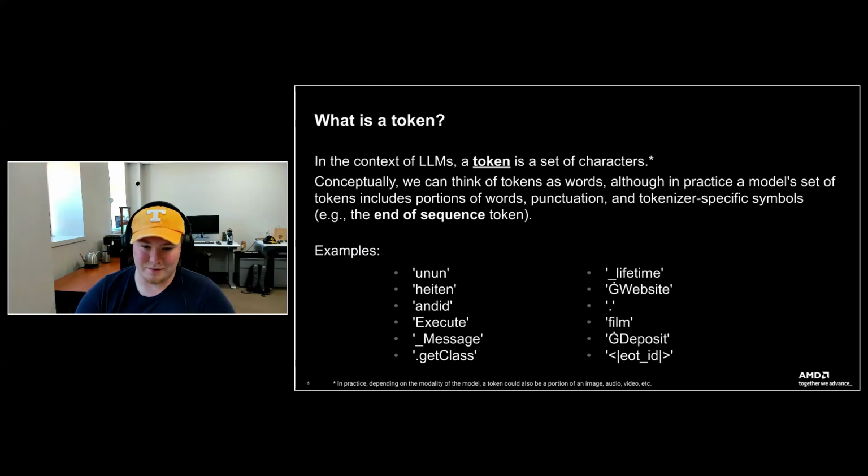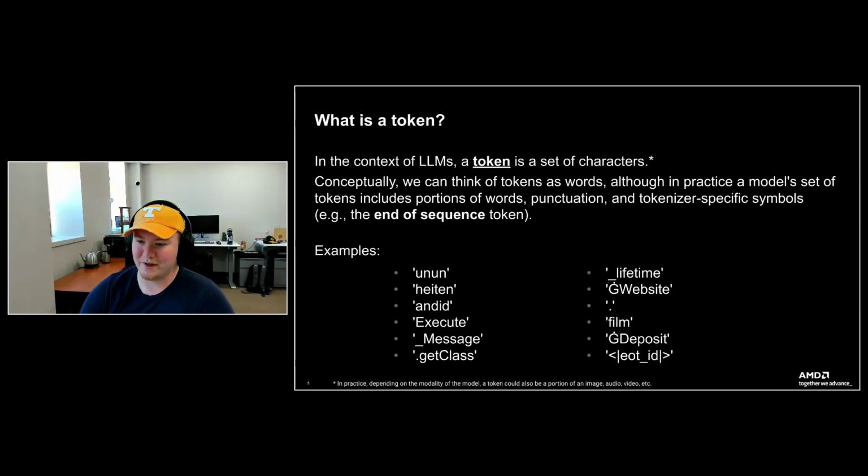There are also some words that are definitely not in the English language, such as the three in the top left here. These could possibly be from another language. Llama3 is multilingual, so perhaps that's where they're from. I honestly don't know. And of course, we also have some punctuation.